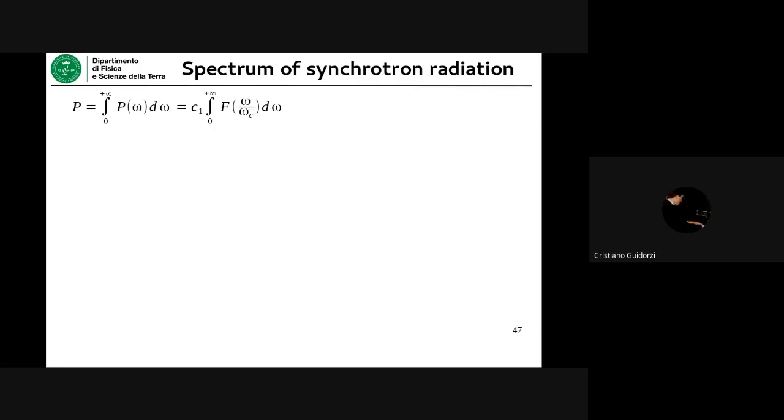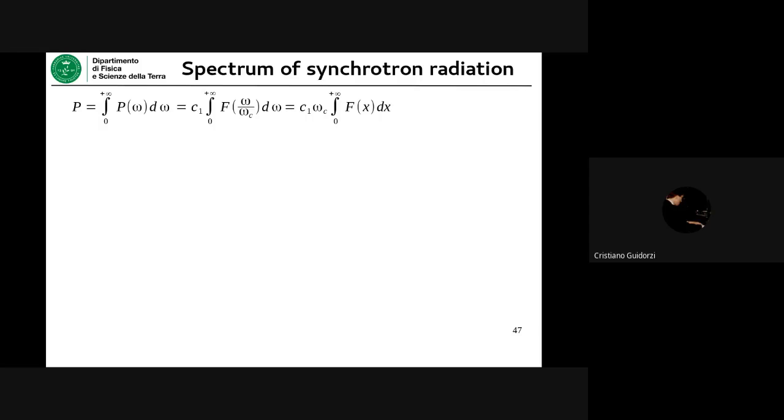But if you remember what we saw at the beginning of this class today, when we exploited Larmor's formula, I said that Larmor's formula is useful when you want to calculate the total power and you don't care about the spectrum, the dependence on frequency. So this result is something that we already calculated.